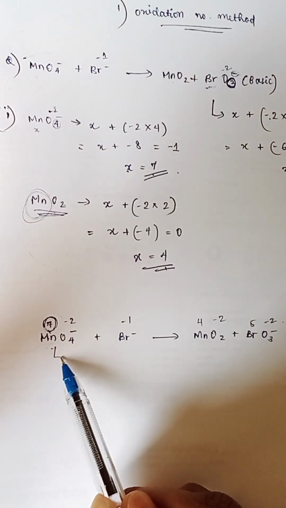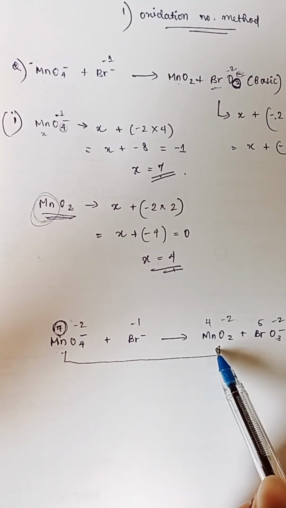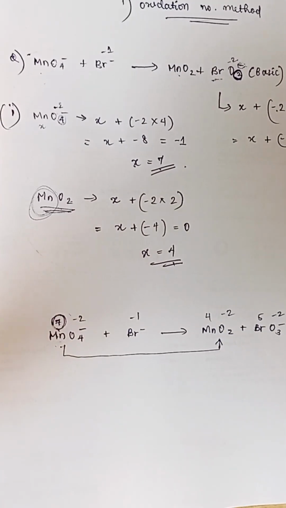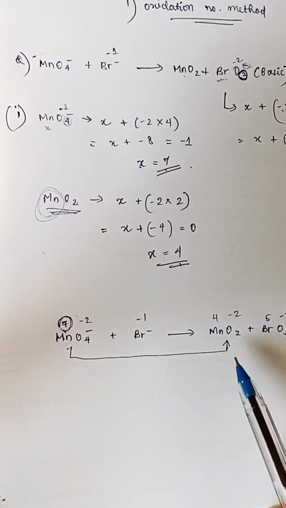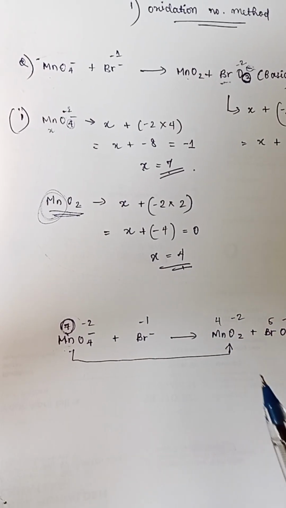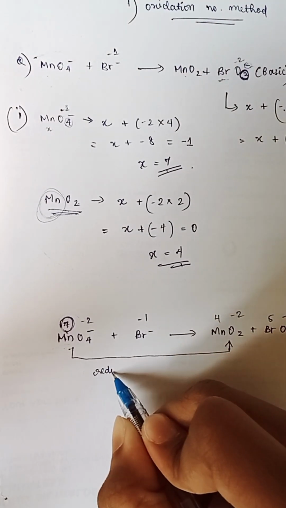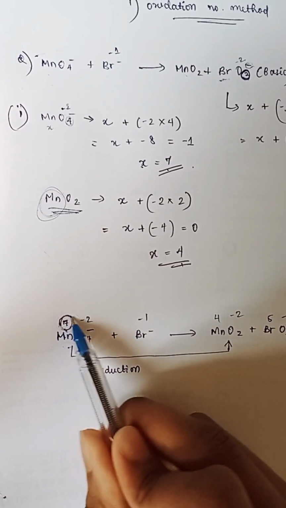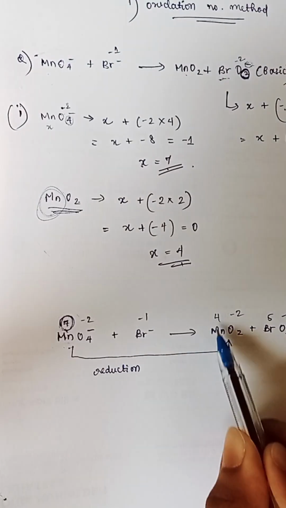So we can see that there is a decrease in electrons from the reactant to the product side. Whenever there is a decrease in electrons, make sure that you know it is a reduction reaction. So in MnO4 minus, the number 7 is reduced to 4.